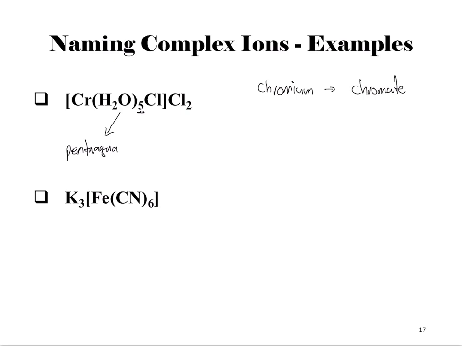So the prefix for that would be mono. So it becomes monochloro, and then we have our metal, which is chromate, right? So the order for naming these compounds, following the convention we just used, goes something like that. Right? This is the Latin name.